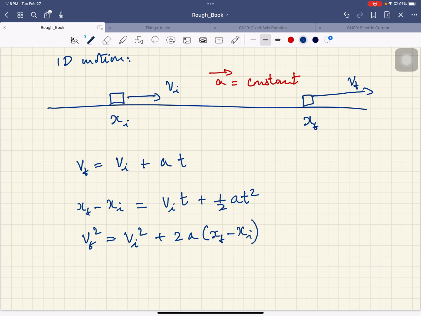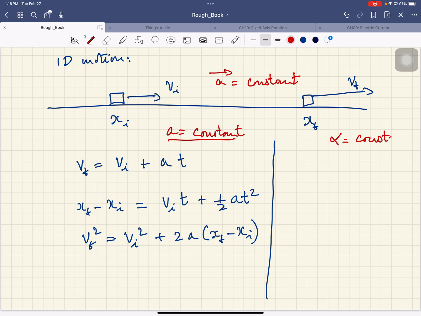You guys remember these formulae? We're going to do the exact same thing. When was this true? When acceleration was constant. So the parallel of linear acceleration is alpha, the angular acceleration.